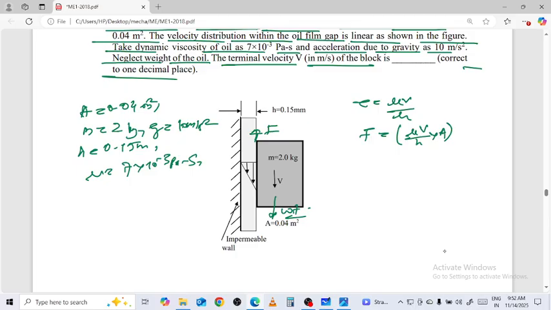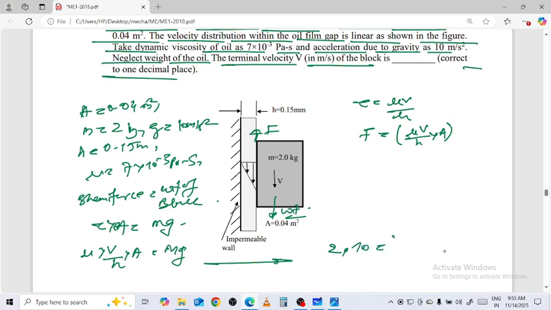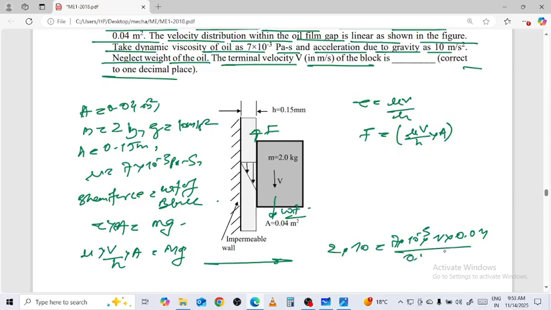Okay, so the shear force on the block is equal to the weight of the block. So tau times A equals mg, so mu times v by h into A equals mg, so 2 into 10 equals 7 into 10 to the power minus 3 times v into 0.04 upon 0.15 into 10 raised to power minus 3.